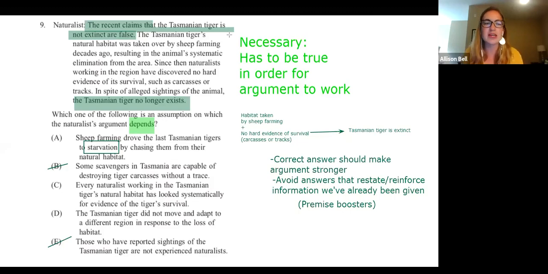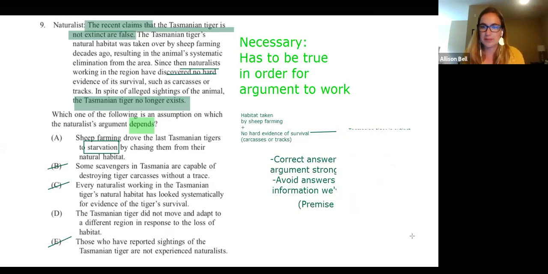I do agree that C is a premise booster. We have already been told that these naturalists discovered no hard evidence of the tiger's survival. And now C is coming in and saying, yeah, we've looked really, really hard and we haven't found any evidence of the tiger's survival. Okay, but I believed them the first time when they told me that they had no hard evidence of survival. So I'm not going to pick answer choice C.